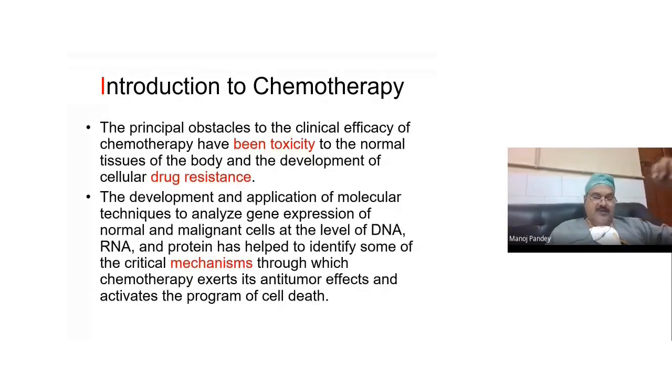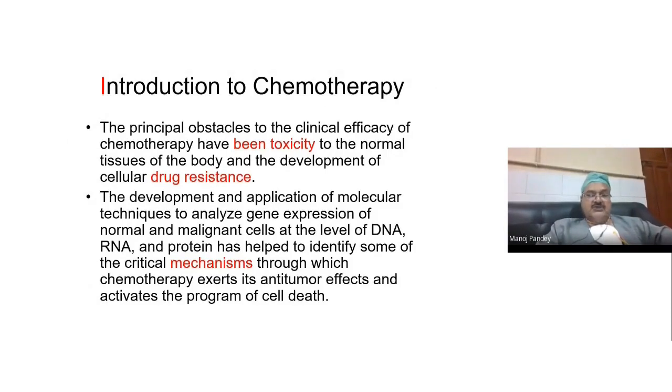Now the biggest problem with chemotherapy is the toxicity, because most of the chemotherapeutic agents which we use are not able to differentiate a normal cell from an abnormal cell, and they basically kill every cell which is dividing. So there is a lot of toxicity. And the second problem is the increase in drug resistance.